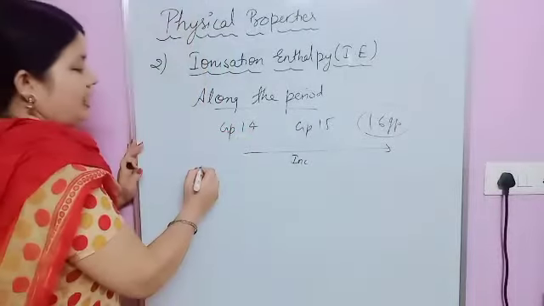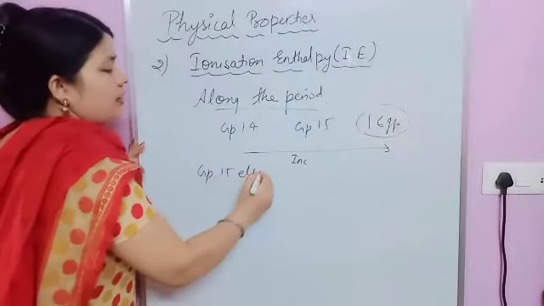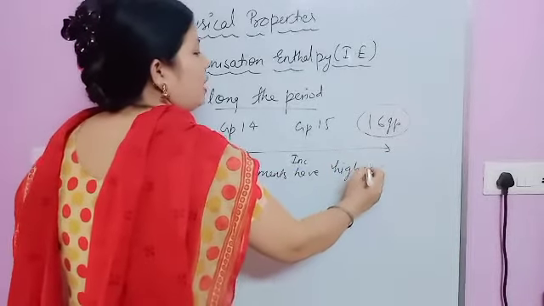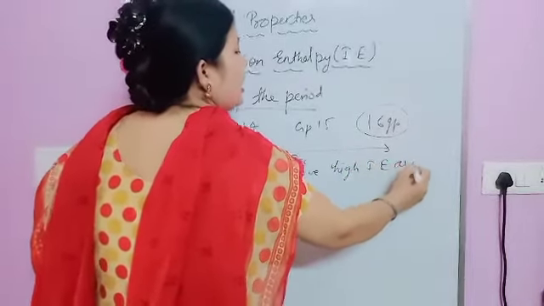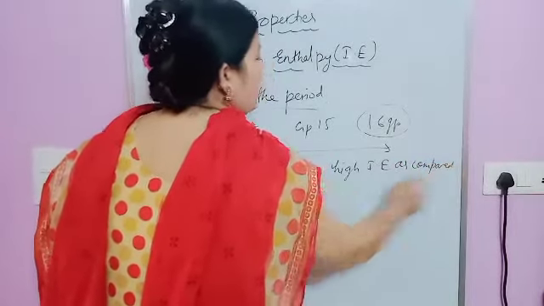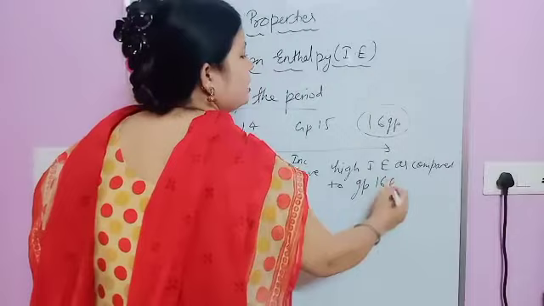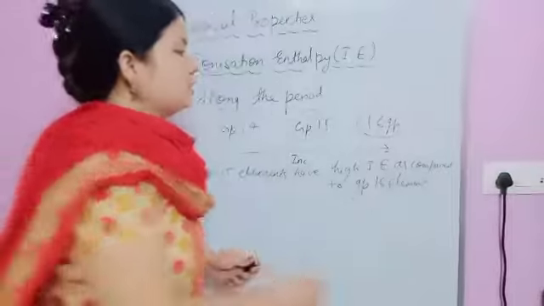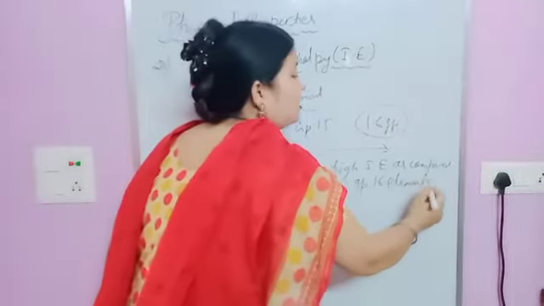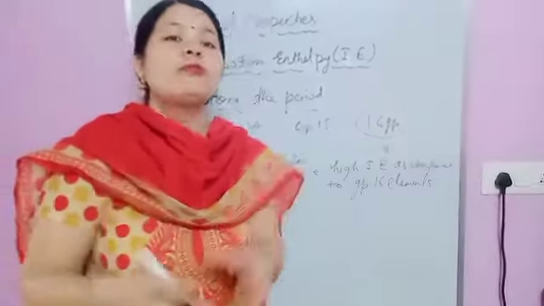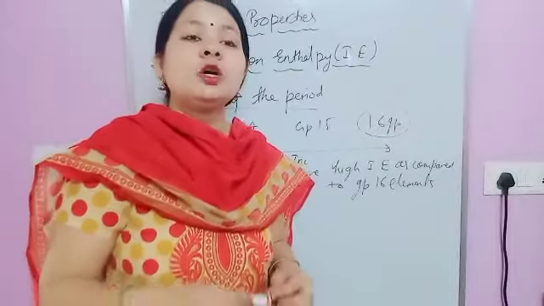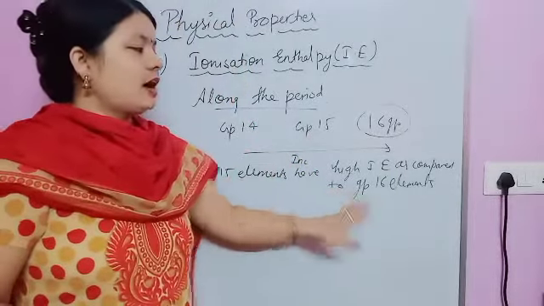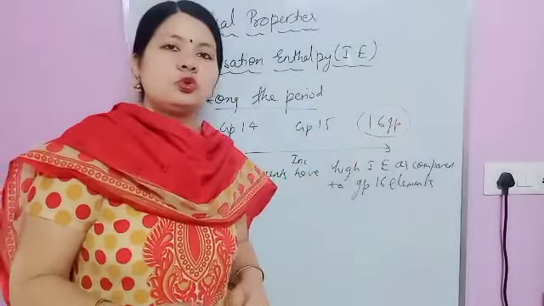Group 15 elements have higher ionization energy as compared to group 16 elements. The reason is that group 15 elements have exactly half filled configuration, which is a stable configuration. That's why group 15 elements have higher ionization energy as compared to group 16 elements.